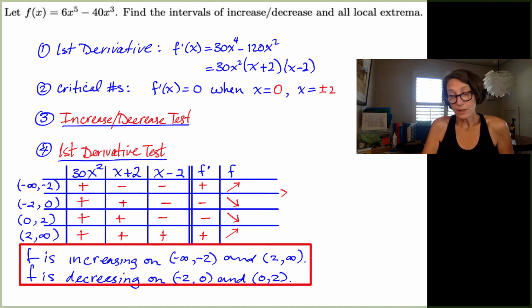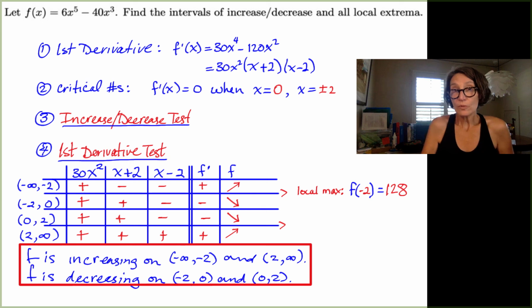So f is going up and then going back down. So we have a local max. And we have to find the y-coordinate because the y-coordinate is the local maximum value. And so we plug negative 2 into the original function, 6x to the 5th minus 40x to the 3rd, and we get positive 128.